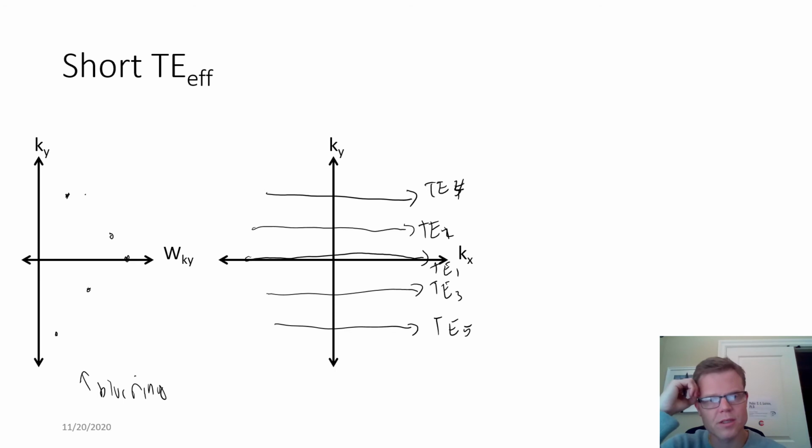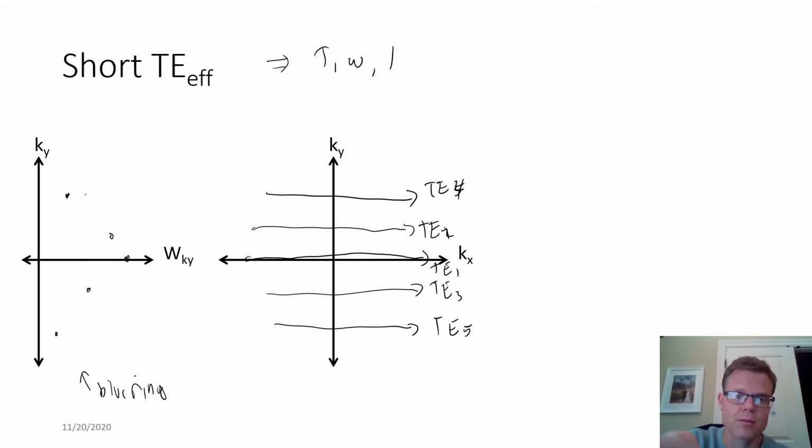But this would basically give us a short effective echo time. So actually with this we can do our short TE contrast, like T1 weighting and proton density weighting with the fast spin echo sequence.